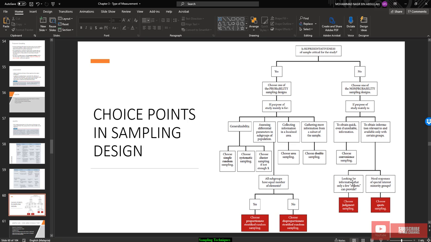If you are looking for information that only experts can provide, choose judgment sampling techniques. If you need responses from a special interest minority group, then you can use quota sampling techniques. So this is the flow of how you choose your sampling technique in your research, right?